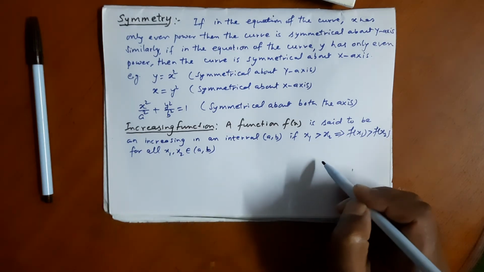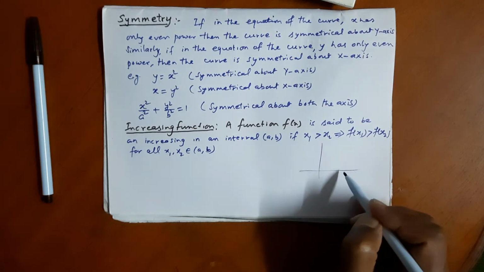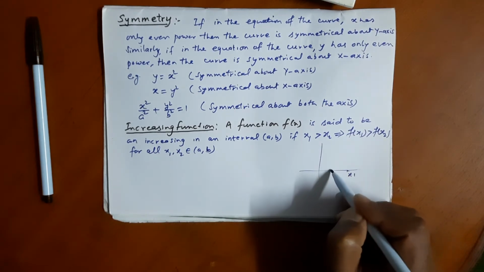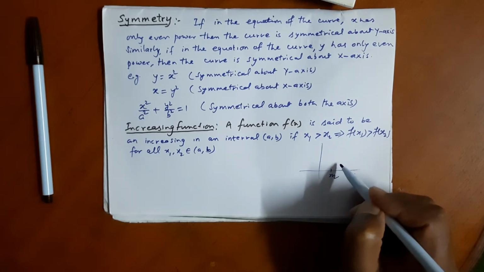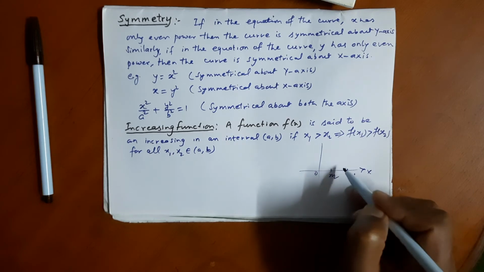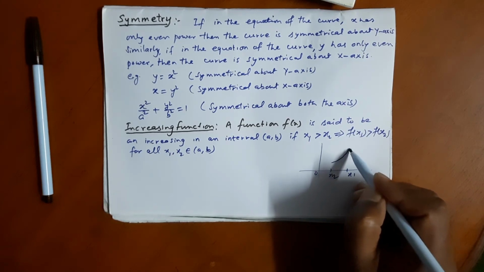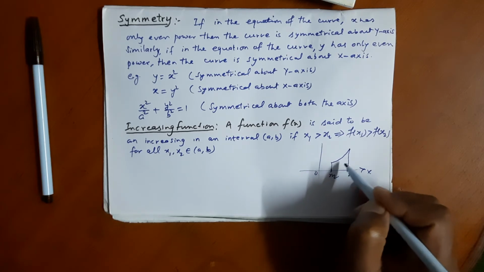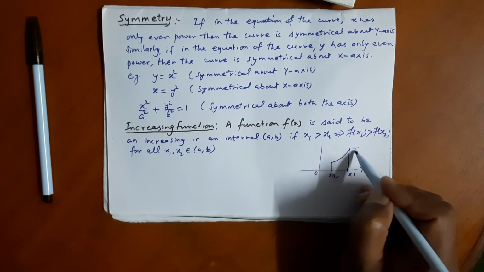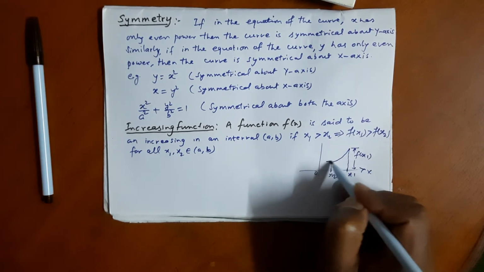Okay, so here the graph will be like this. Here x1 we can take, here x2 we can take, and x1 is on the right side, so obviously it is bigger, and the curve, if it is like this, then f(x1) means this height, and f(x2) means this height.